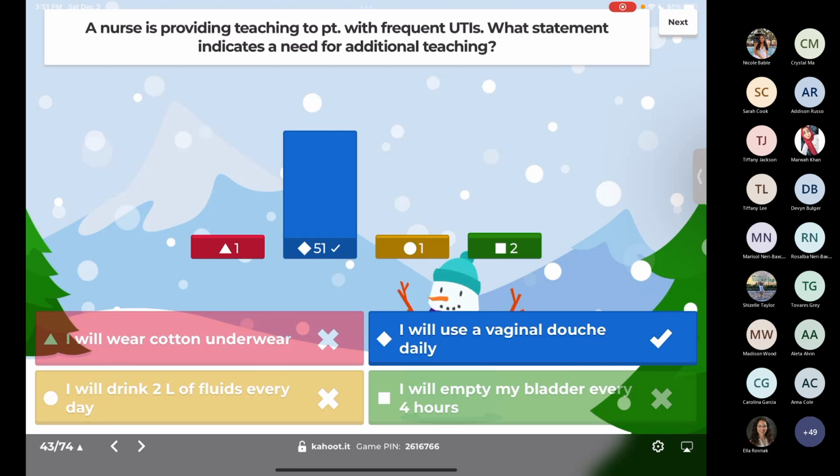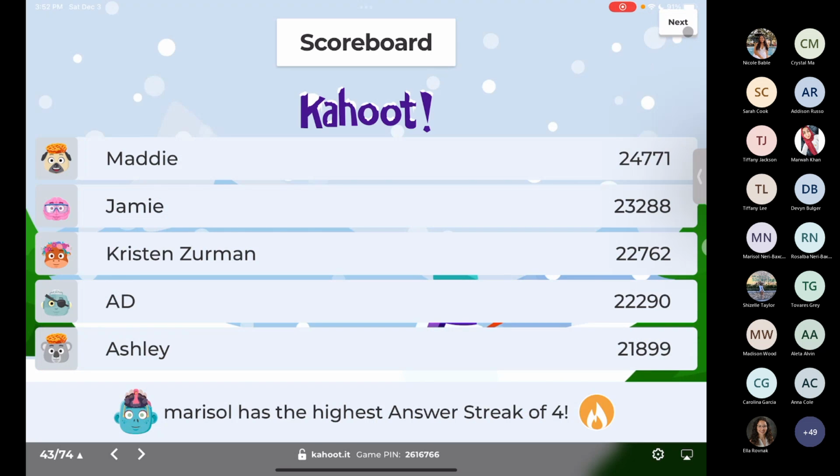Good job, guys. So vaginal douches are really a big risk factor for UTIs. Additionally, when we're teaching our patient, we want them to make sure they're frequently urinating, drinking lots of fluid, and loose cotton underwear is preferred.